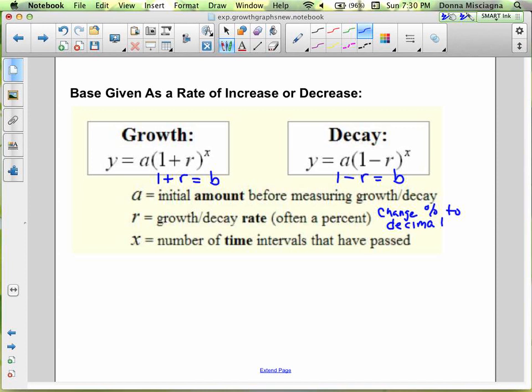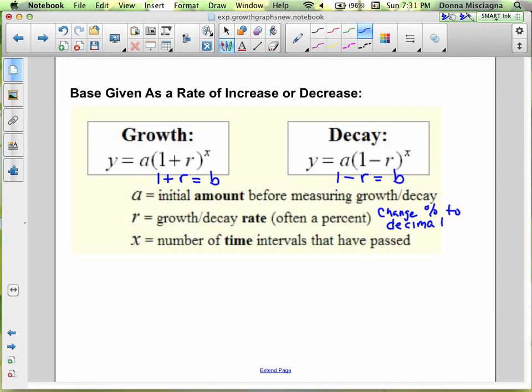When we're graphing, x is just going to be whatever our x value is, right? But in the next series of lessons where we're solving, we're going to be solving for time. And so then x is going to be equal to time. Right? So if we're adding something to 1, it's always going to be a decimal. It could be a decimal that's greater than 1.